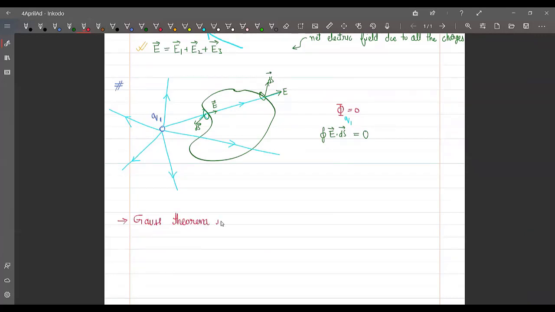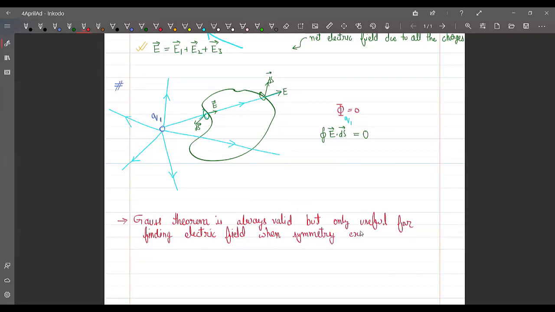Gauss theorem is always valid, but only useful for finding electric field when symmetry exists.